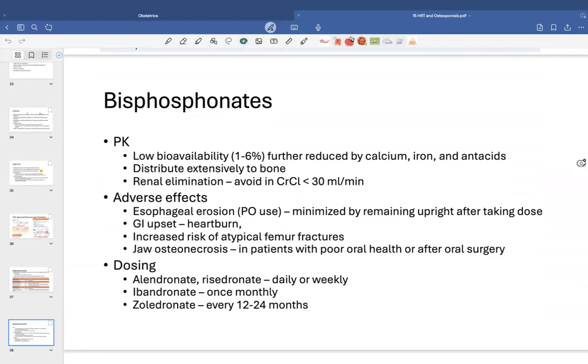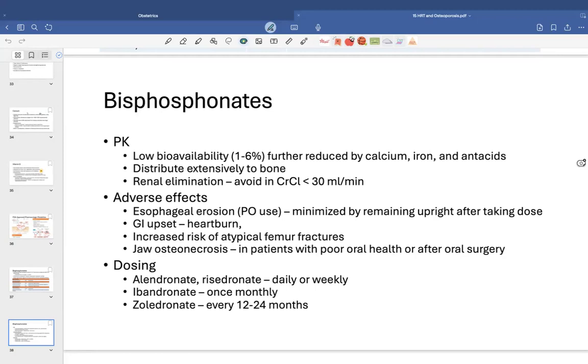So you really want to separate bisphosphonates from those agents, so we can maximize, to this very minimal extent, what little bioavailability we are able to get. Basically, because of their structure, they distribute extensively to the bone, which is the site of action, and they require fairly healthy kidneys for elimination, so you should avoid them in severe renal impairment.